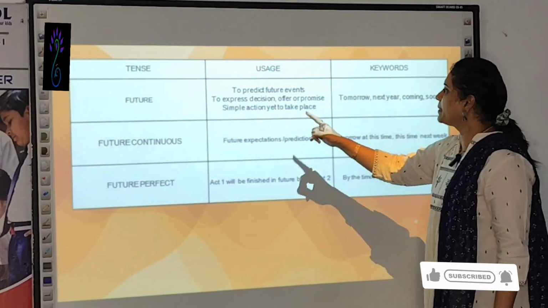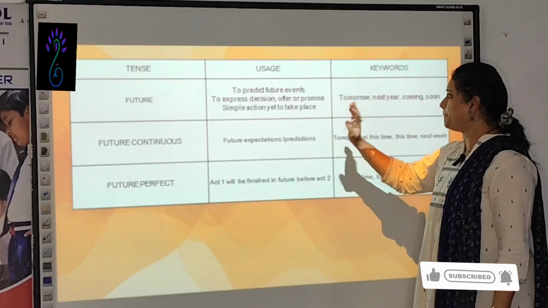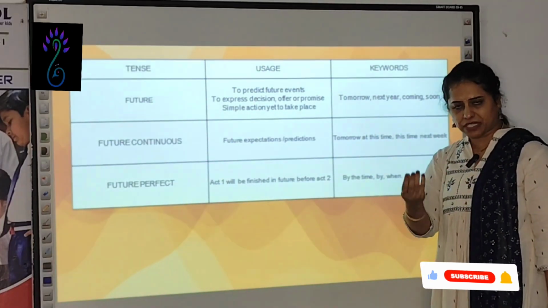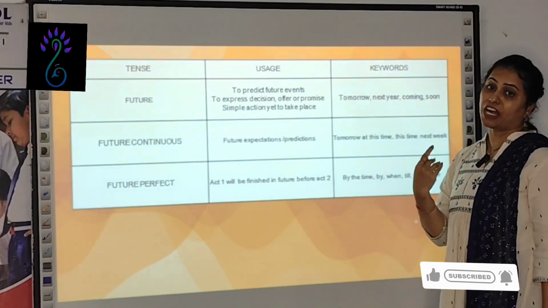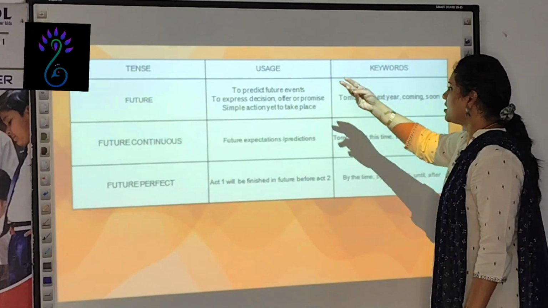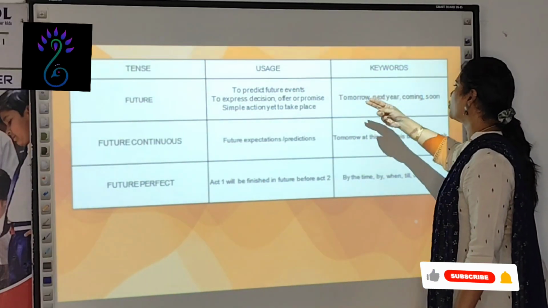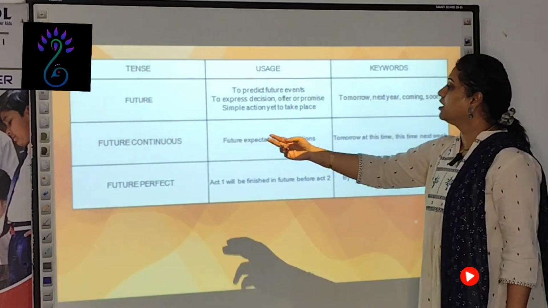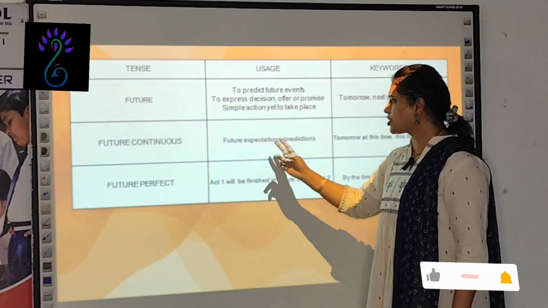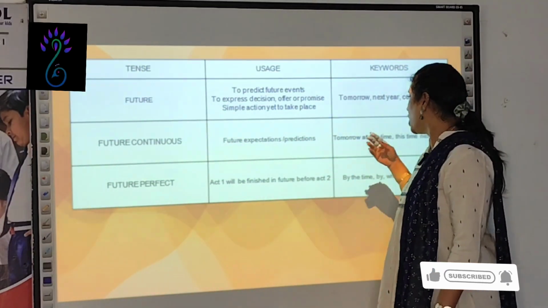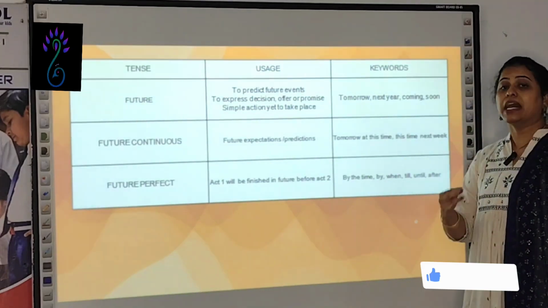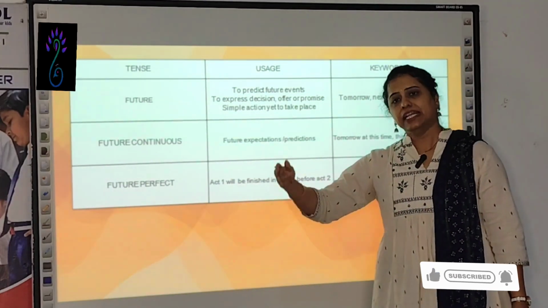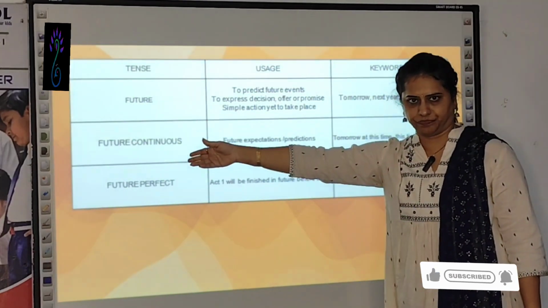Okay, simple action to take place, but it should be to express a decision or to assure something. You use this future tense, and keywords are tomorrow, next year, coming soon, like that. Future continuous, future expectations and predictions. Tomorrow at this time I will be leaving for Hyderabad.